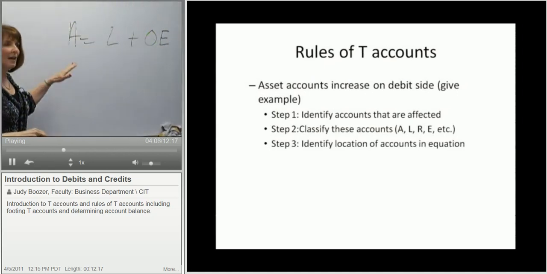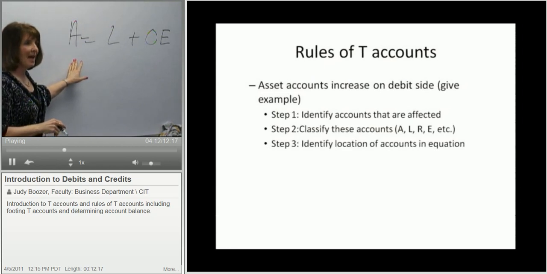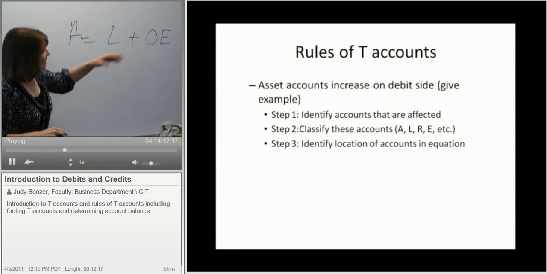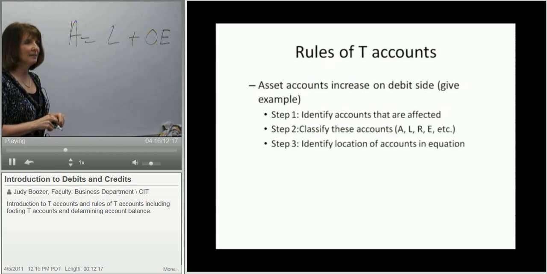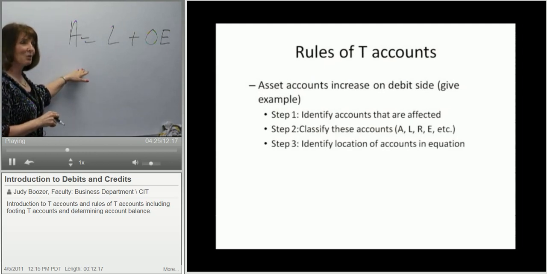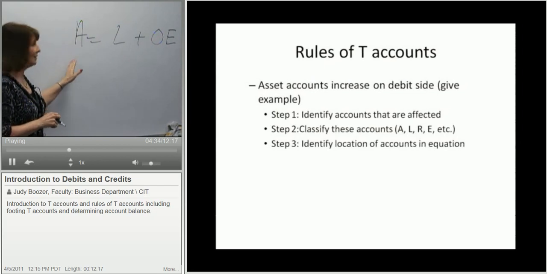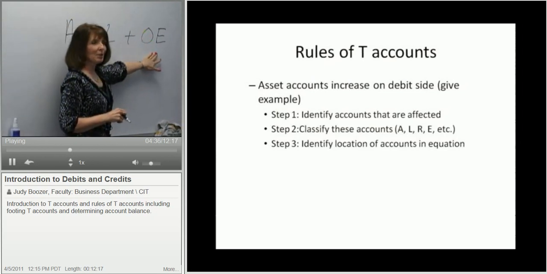What is on the left side of the accounting equation? Assets. And assets increase on which side? The debit side. And the debit side is on the left. So another way to remember, assets increase on the left side or the debit side because they're on the left side of the equation. Owner's equity, capital is part of that.